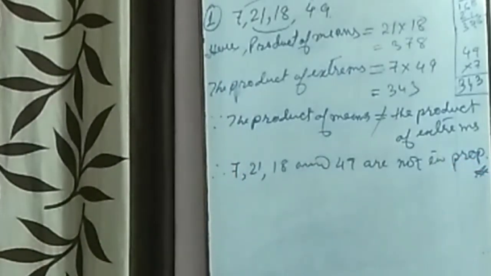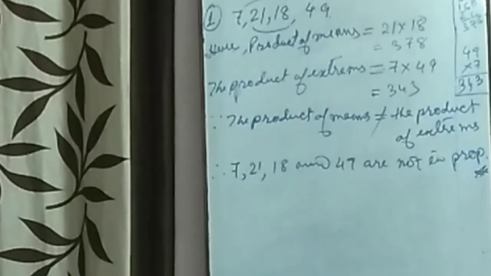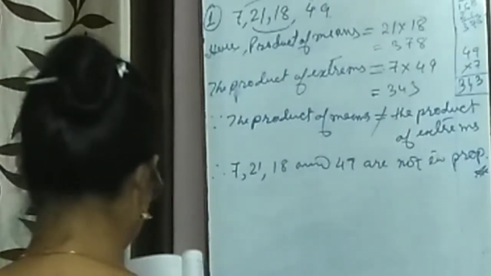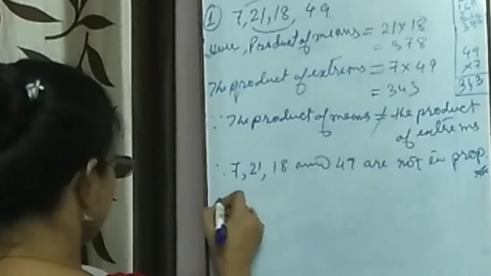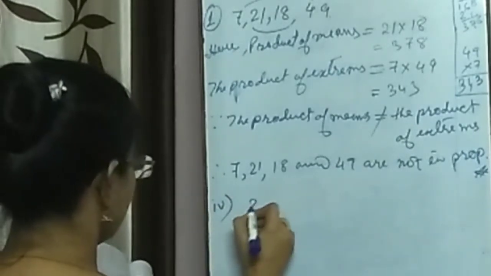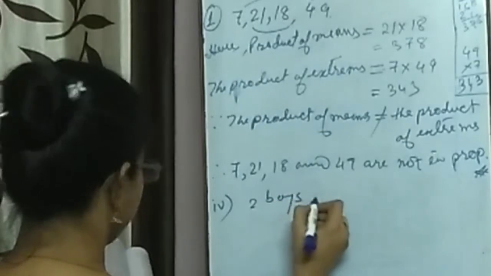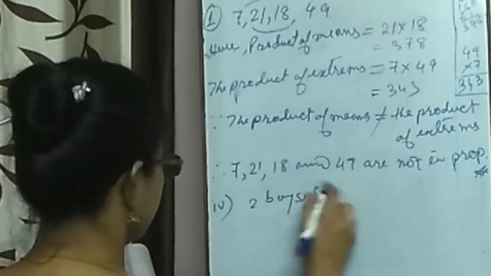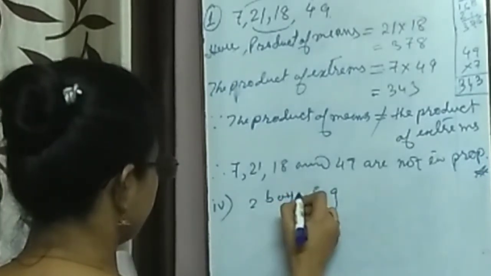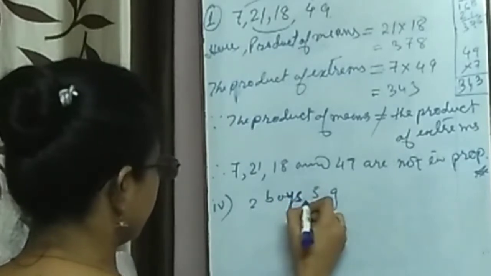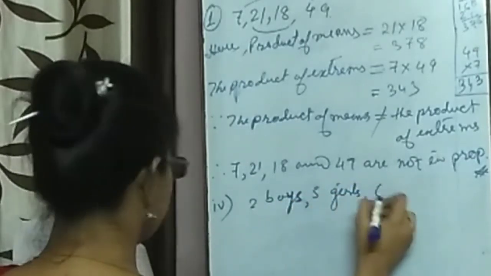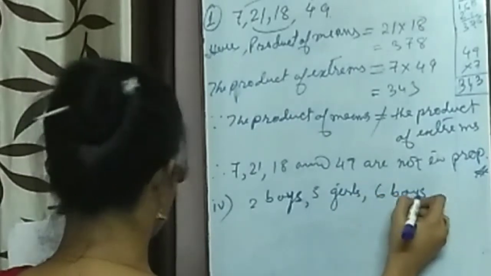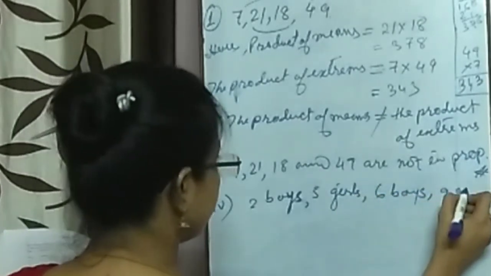All those sums have to be done the same way. Like here is one question, while giving the units or not, it doesn't matter, units get cancelled: 2 boys, 5 girls, again 6 boys, 9 girls.